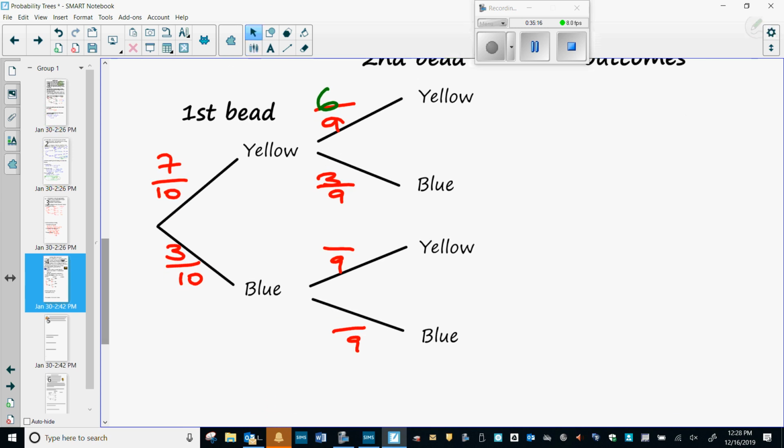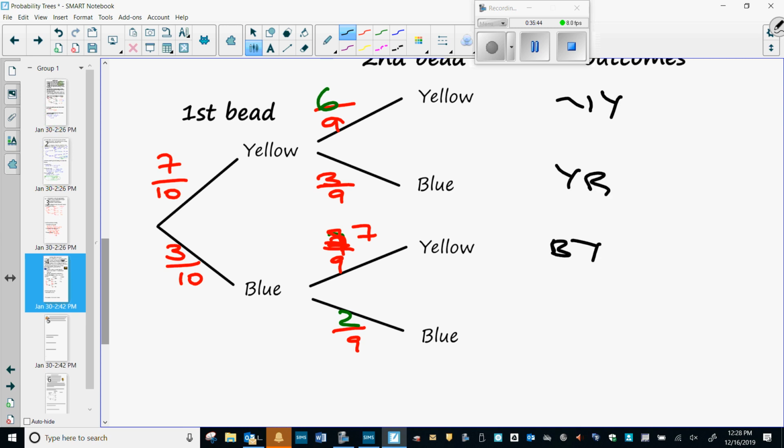So if I took a blue one out, then this number here is now going to be 2, yes? Because there were 3, there are now 2. This is 2/9, this one has to be 7/9. And again, it's 7 because we didn't take any out. So my outcomes are yellow, yellow, yellow, blue, blue, yellow, blue, blue.